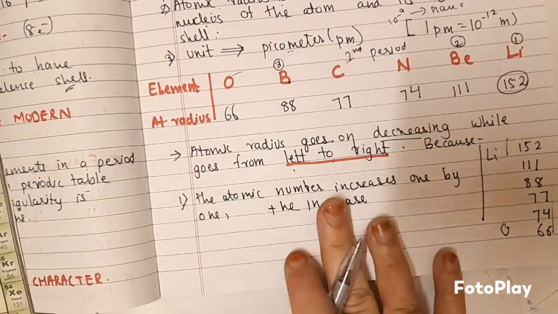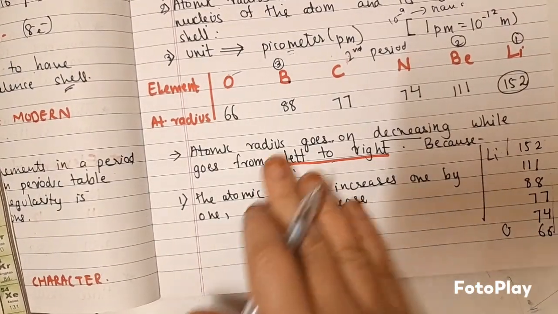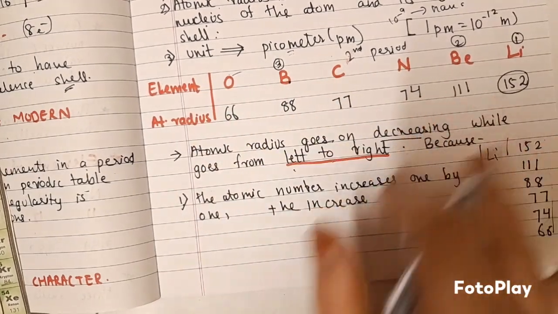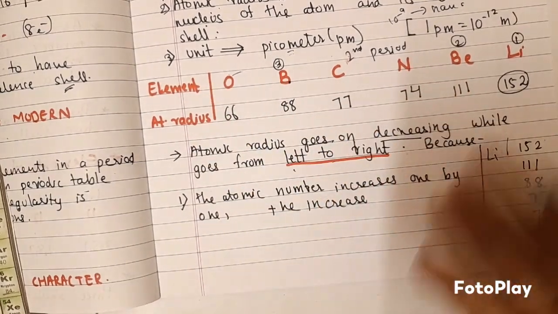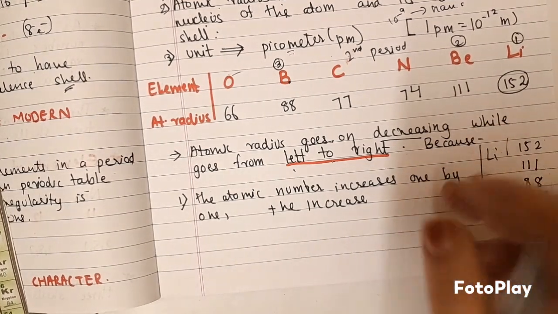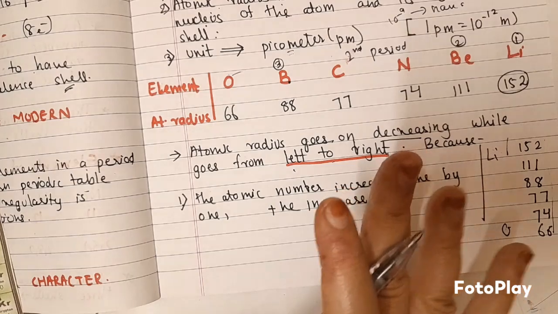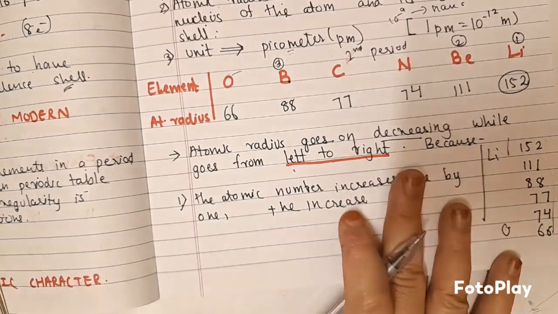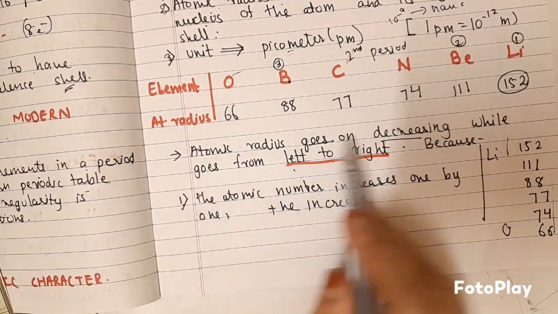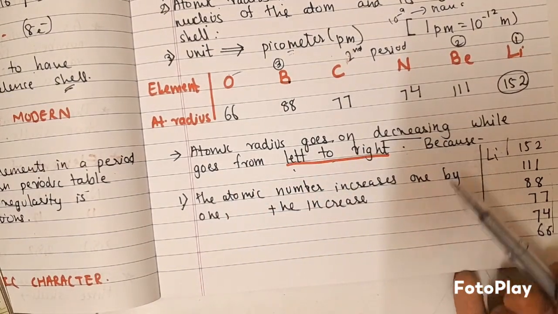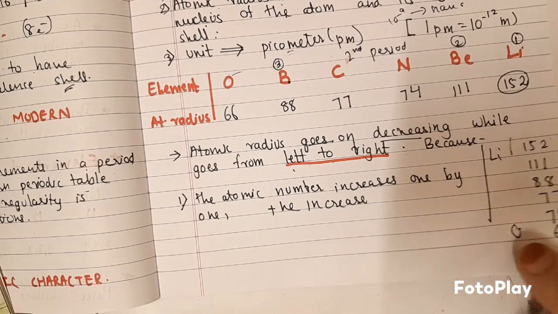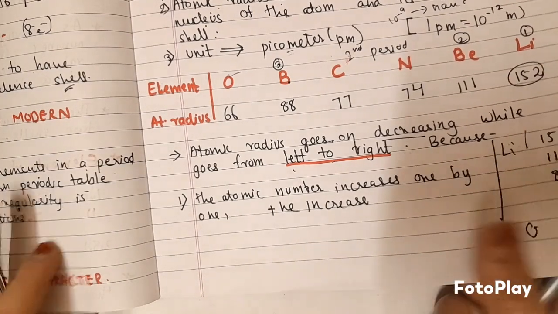However, the additional electron gets added to the same outermost shell, so the number of shells remains the same. Due to the increase in nuclear charge, the electrons are pulled towards the nucleus to a greater extent, and thereby the size of the atom decreases. So from left to right, atomic radius decreases because the atomic number and nuclear charge increase one by one.